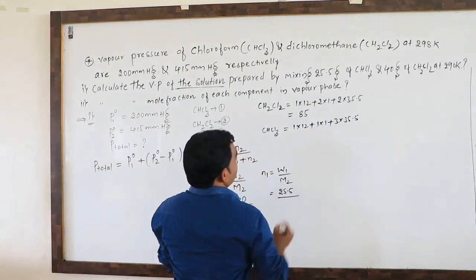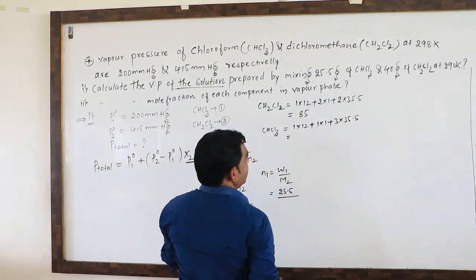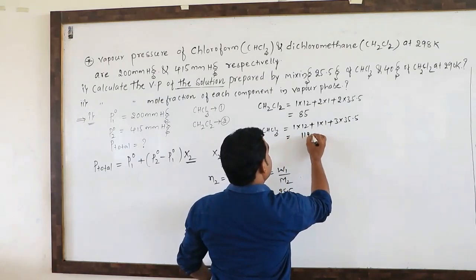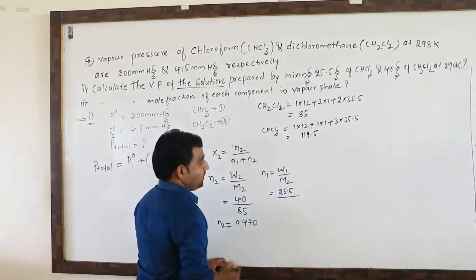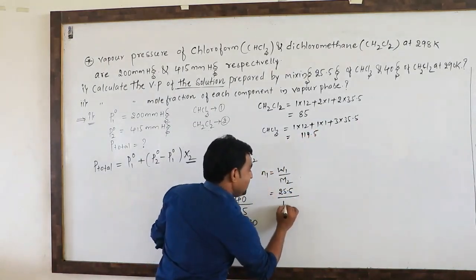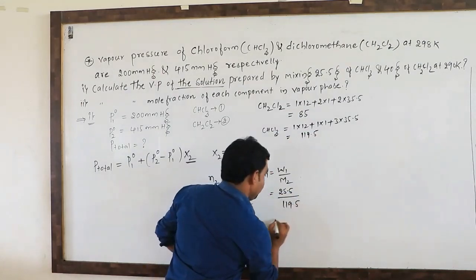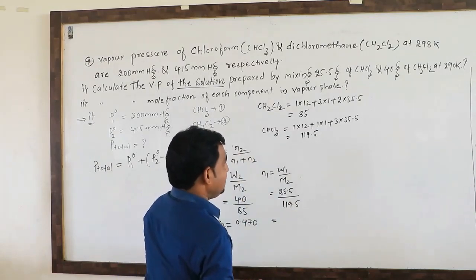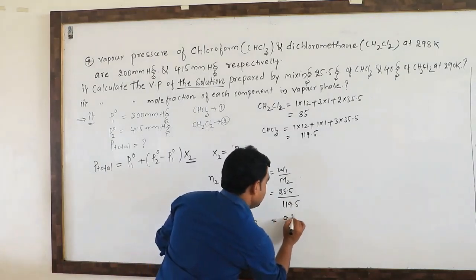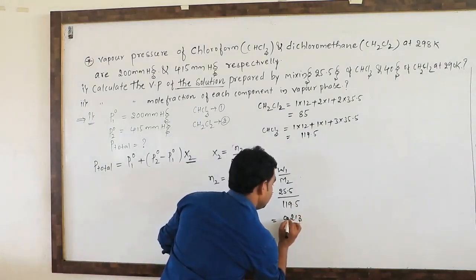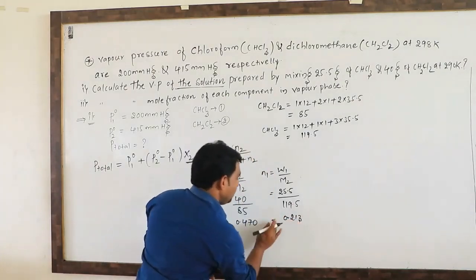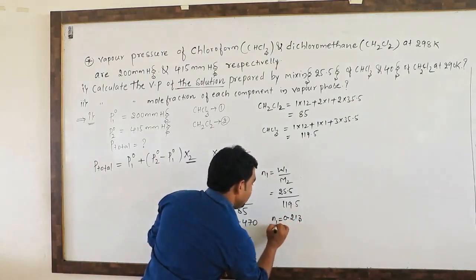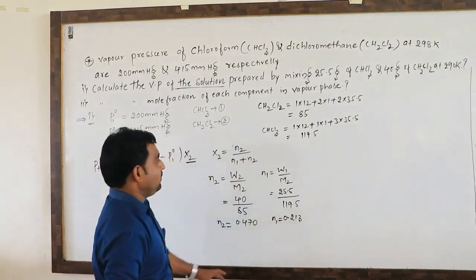This is the molecular mass of CHCl3, that is 119.5. 25.5 divided by 119.5 is equal to 0.213. So the number of moles N1 is equal to 0.213.